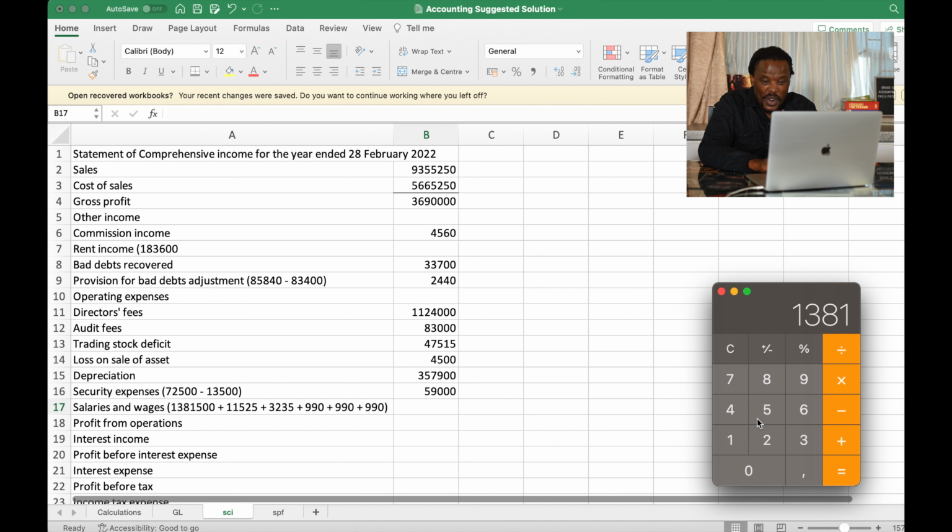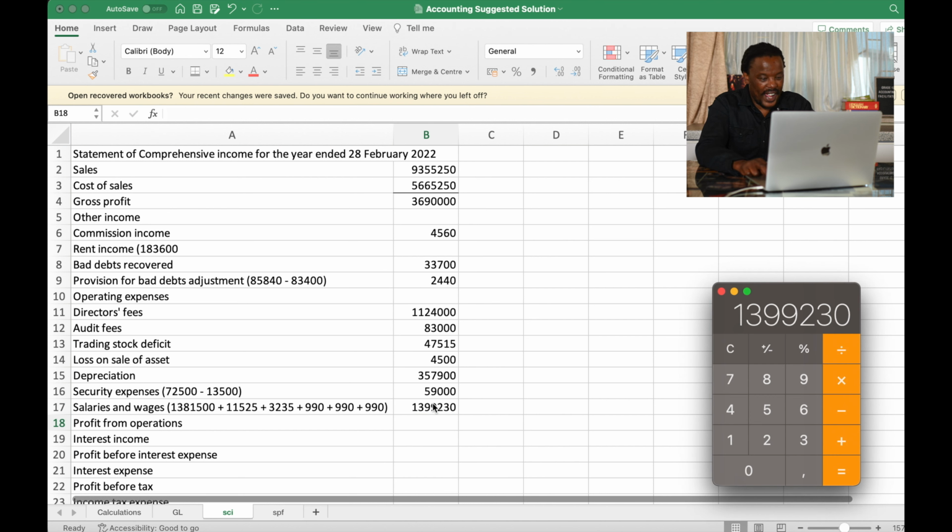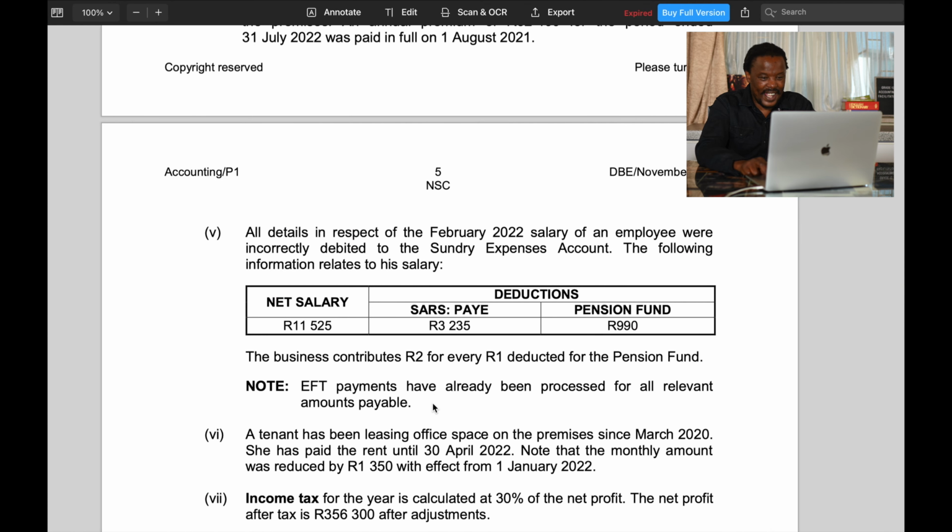Use your calculator, let's do it together. 138,500 plus 11,525 plus 3,235 plus 990 plus 990 plus 990, and then the total is 1,399,230. Yes. And then we carry on again and see what is the next adjustment.